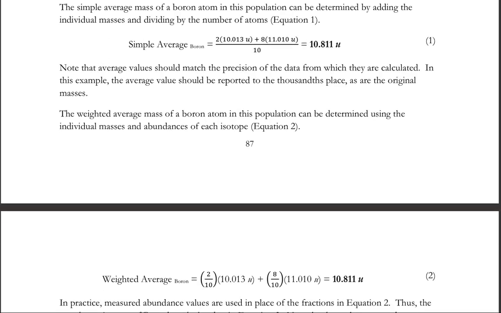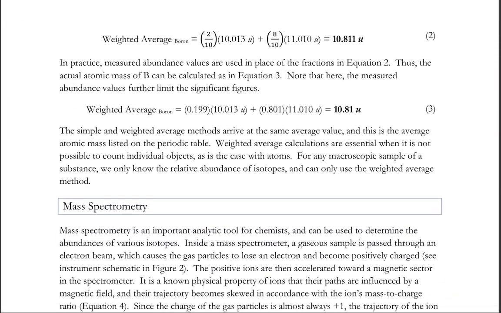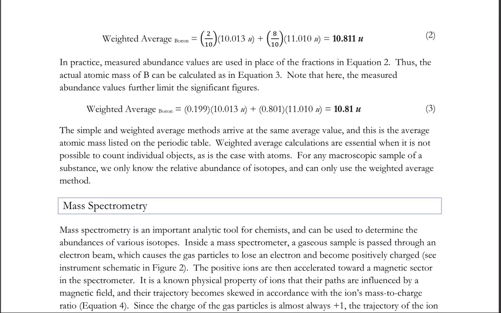The weighted average would be calculated approximately to be 2 over 10 times 10.013 u plus 8 over 10 times 11.010 u, equaling 10.811 u.